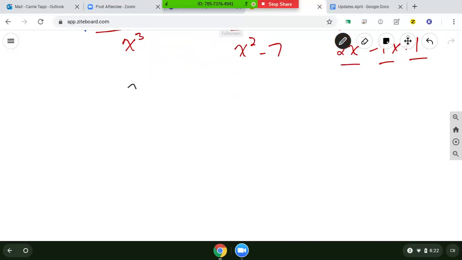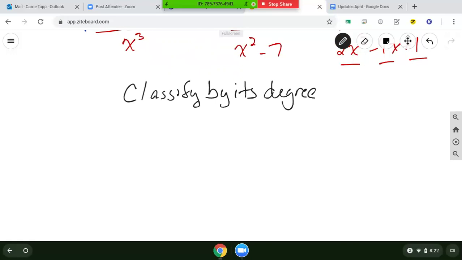Next, we are going to classify by its degree. Okay, now this, I'm going to let you know, I got off mathisfun.com. So that's where this came from as I work through this chart that I'm going to give you. So we're going to have a chart.